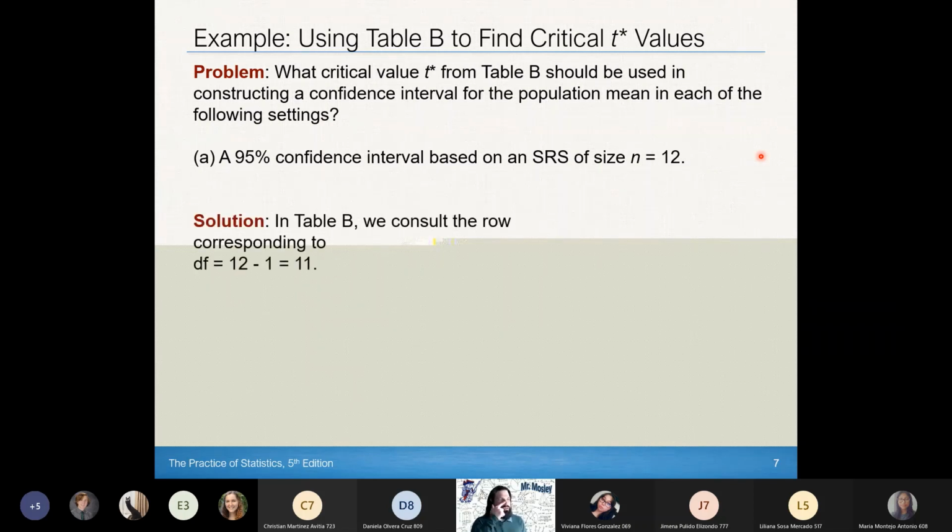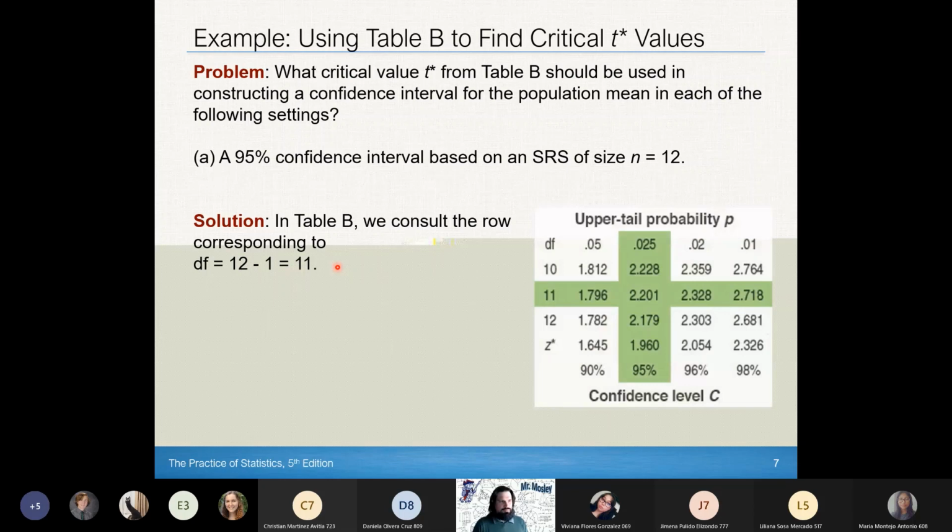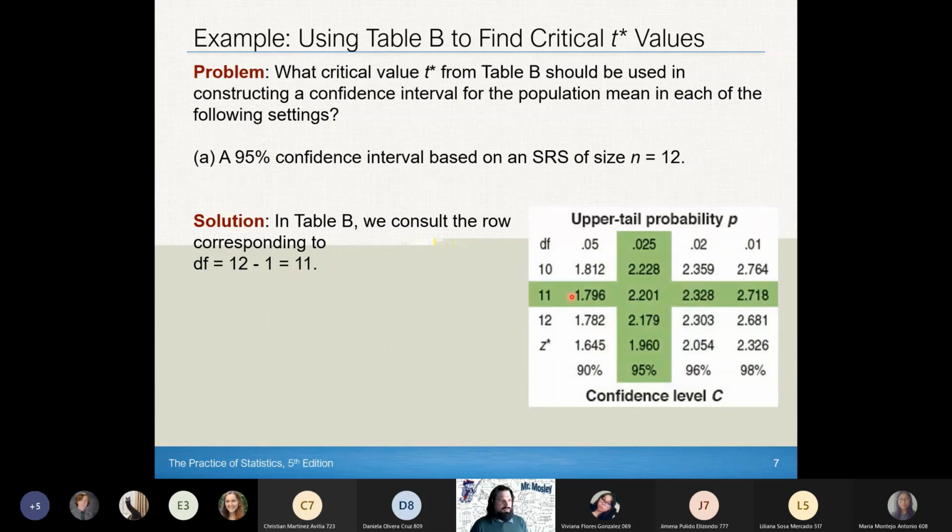In table B, we consult the row corresponding to df equals 12 minus 1 equals 11. This is a little section of table B. We have a column header here called df, and we find 11 down that column.